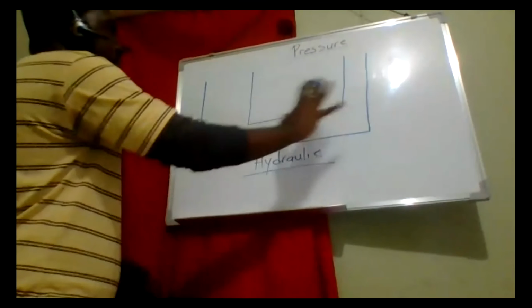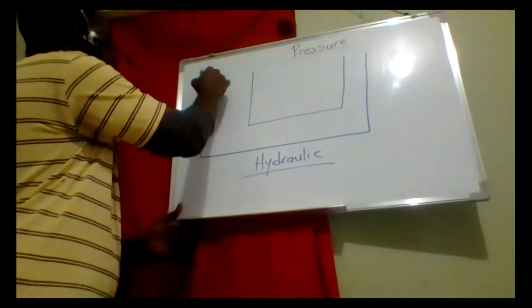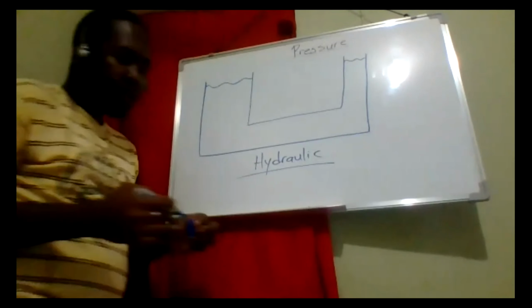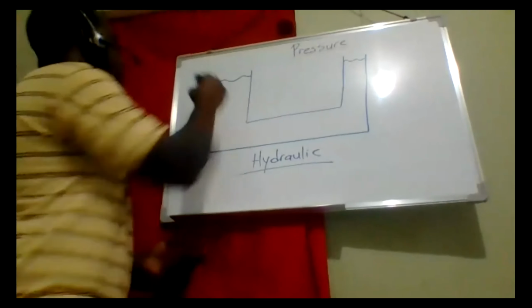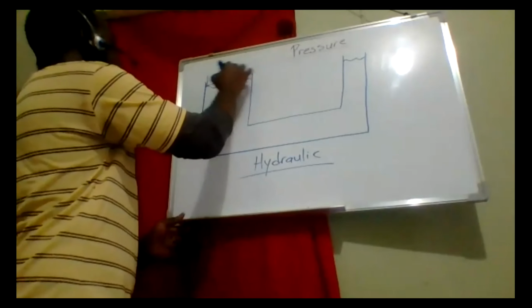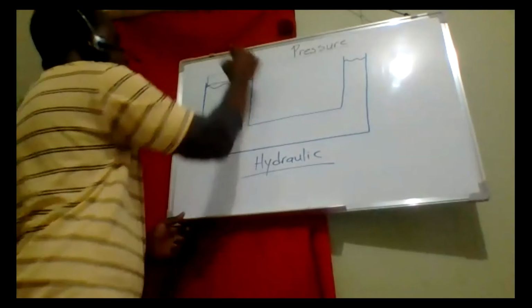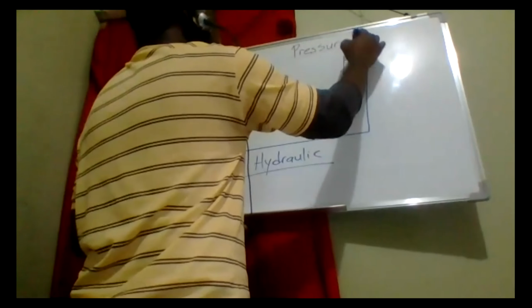So it looks like this. We have the fluid inside, and to produce pressure in the fluid, we have what is known as a piston. The piston basically provides the pressure.